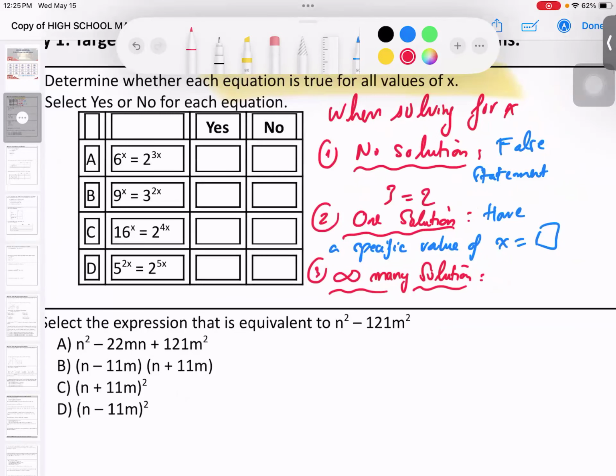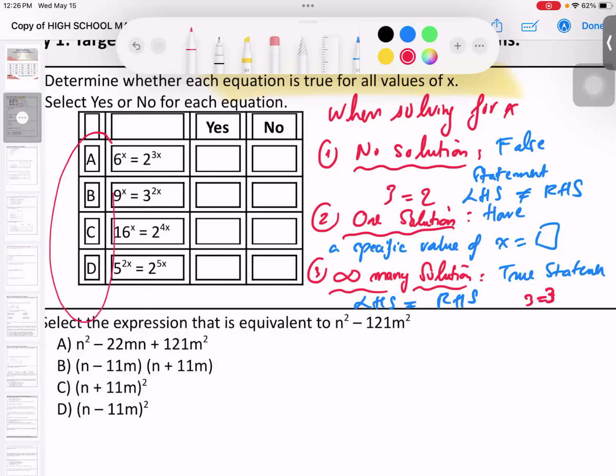Good. So after you solve it, you have a true statement. True statement means left hand side and right hand side equal to each other. Okay, maybe you can write: true statement, left hand side equal to right hand side. So false statement is left hand side not equal to the right hand side. For example, you can get 3 equal to 3. That's a true statement.